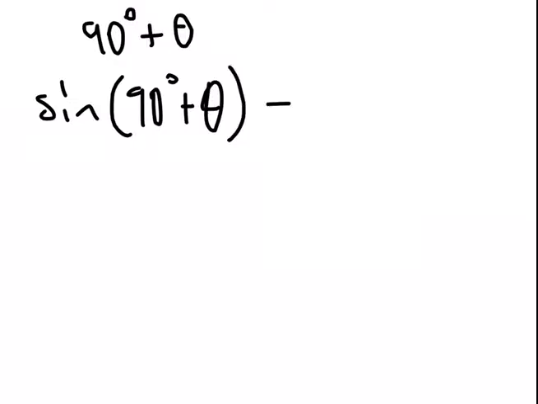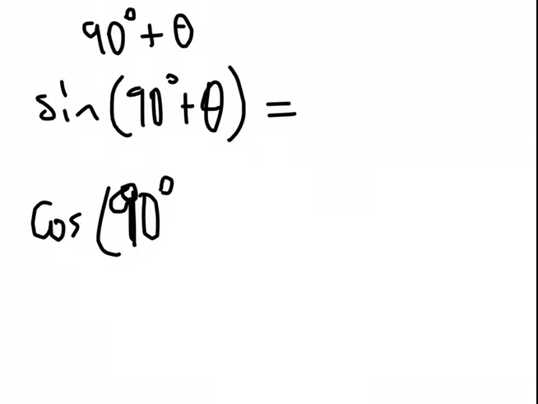We will find out what that is, and then again we will look at the one for cos of 90 degrees that we will have to plus with an angle, and then we'll try to find out how that looks.